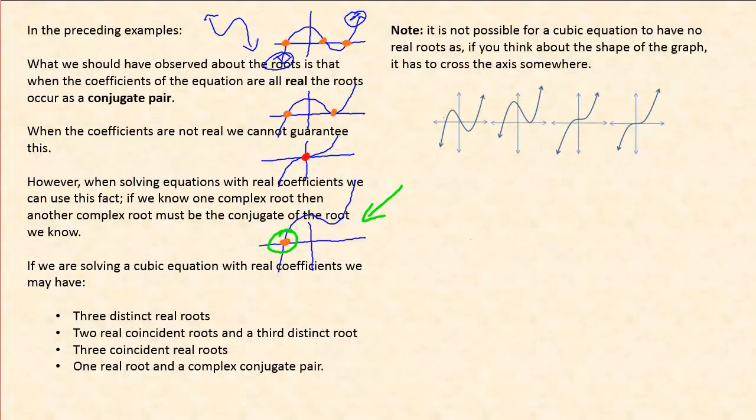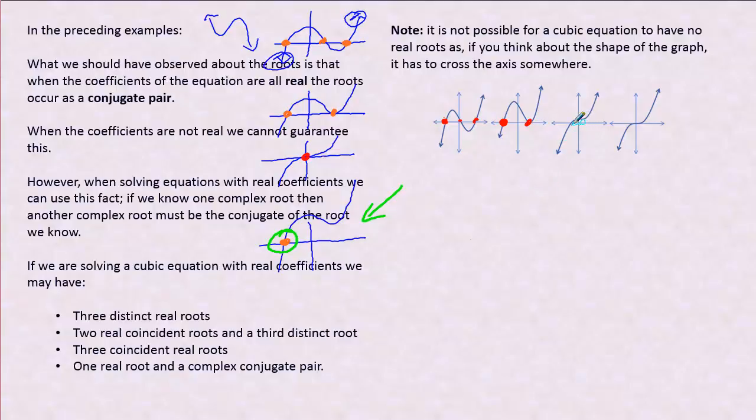Now here we've got some slightly better pictures of what we drew over here. So on this one we can clearly see the three distinct real roots. Here we have a distinct real root and then two coincident real roots where it just touches the axis.